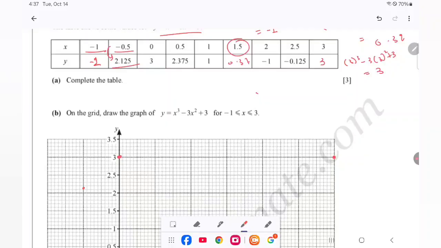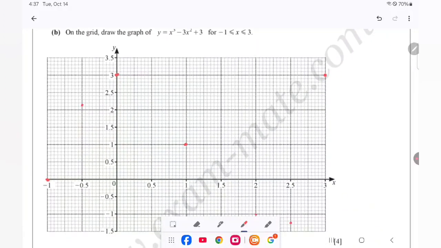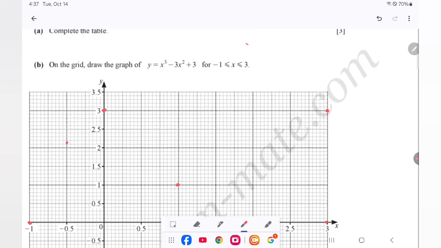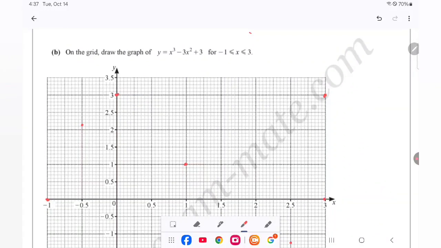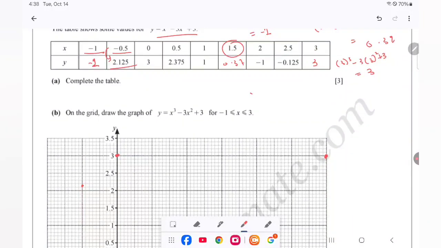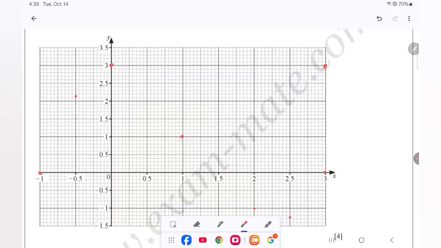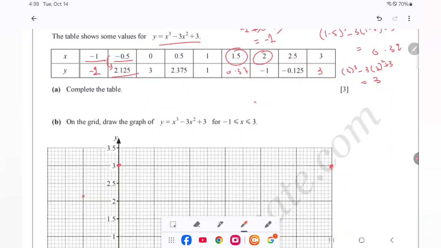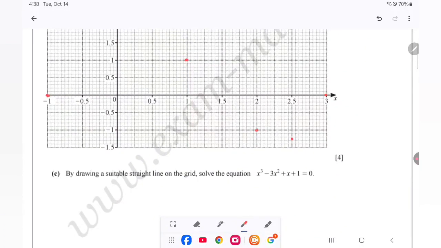So if you put the points right, like on 3 right here, on x 3, y is also 3, and on x 2, y is negative of 1, this is our negative of 1 y, and this is our positive of 2x.